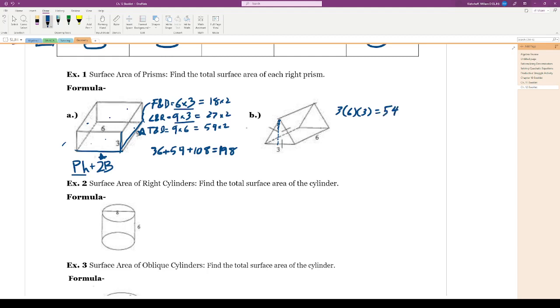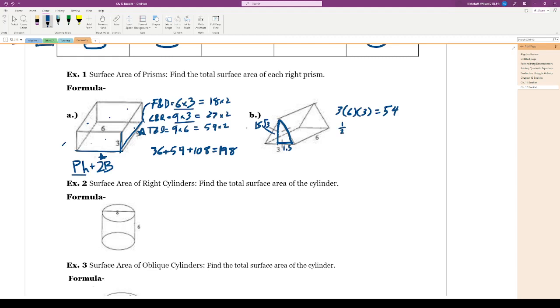And then my challenge is finding my 2 base areas, because I'm missing this height. So we know that since this is an equilateral triangle, half of this base is 1.5, and this is a 30, 60, 90 triangle right here. So since this is the short side, we know that the long side is 1.5 times the square root of 3. So our area of this total base is going to be 1/2 times 3 times 1.5 root 3.